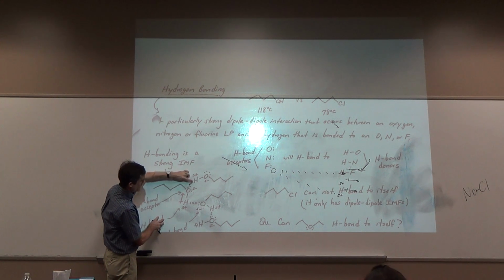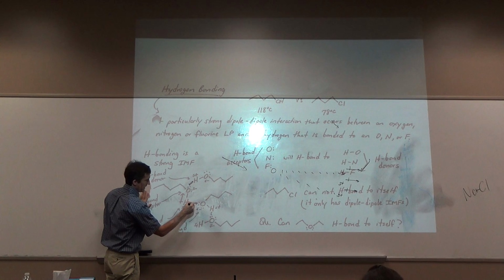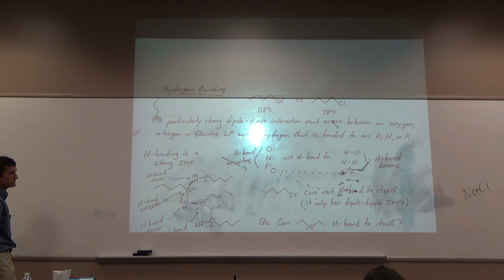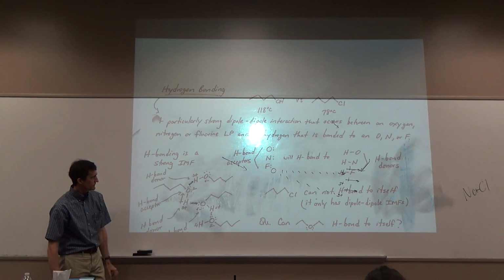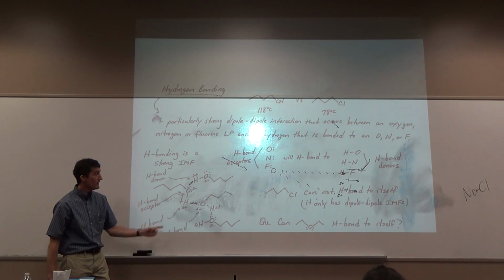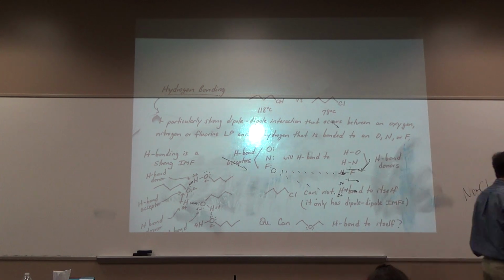This O can hydrogen bond to the H, while another O can hydrogen bond to the H that's bonded to that O. Basically, all these molecules can now be holding hands, particularly tight, very tight. And it's a strong dipole-dipole.